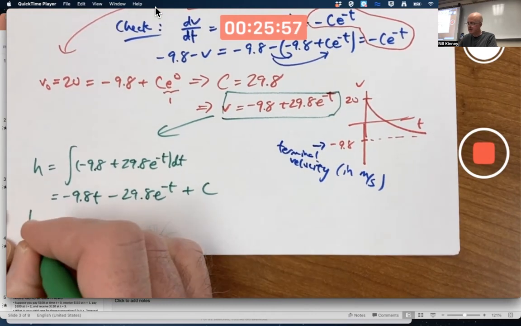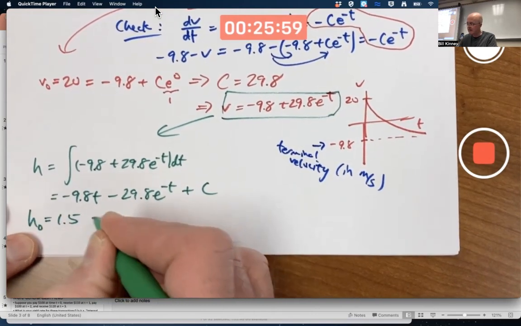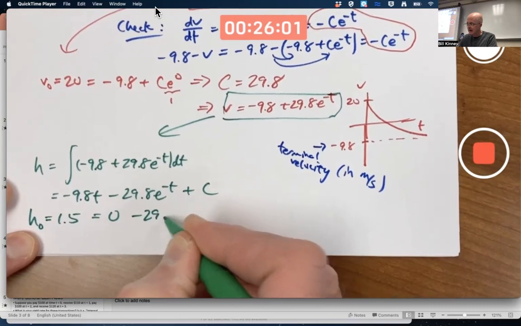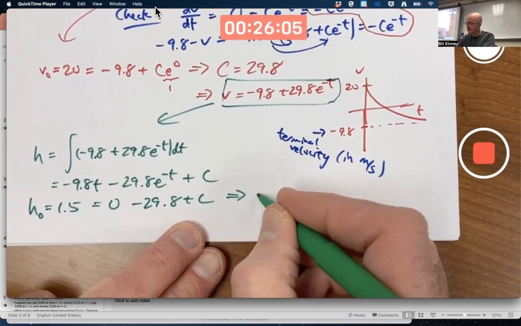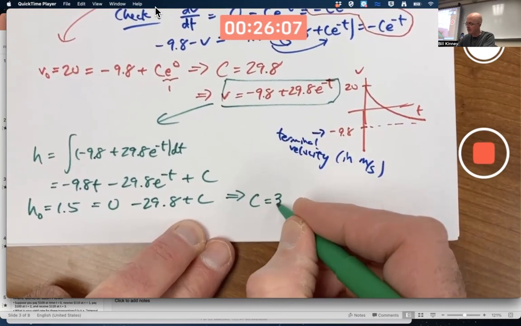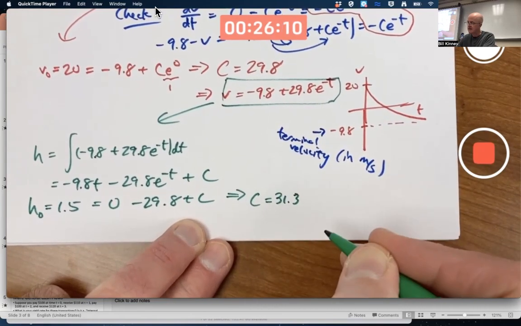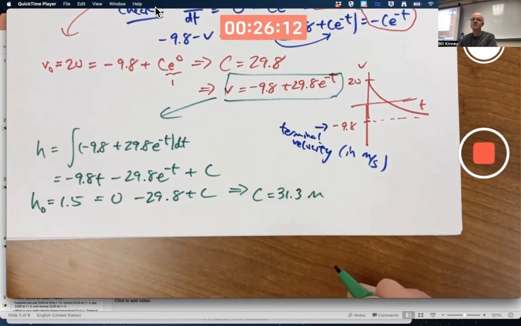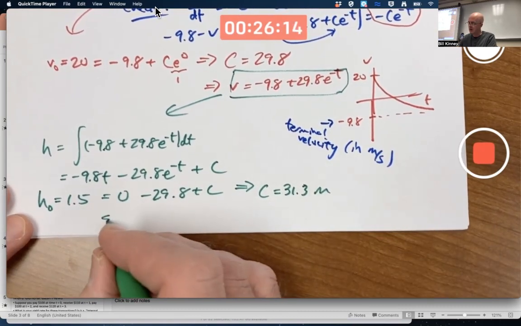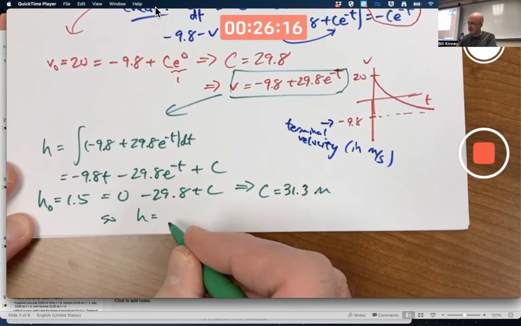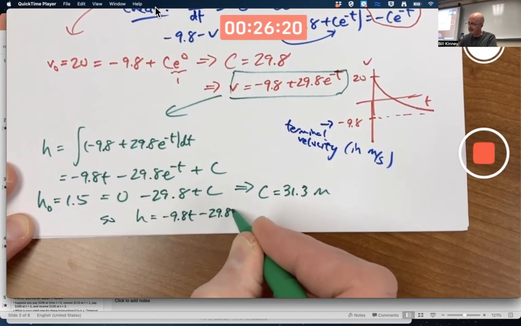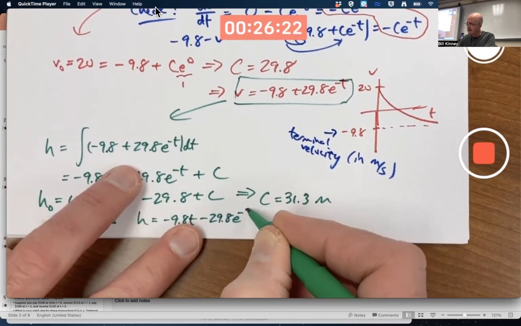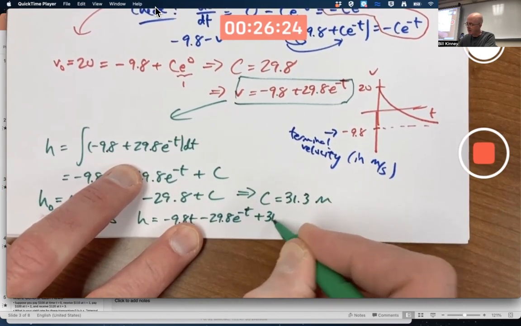If I use the same initial height of 1.5, I can solve for c, add 29.8 to both sides. C will be 31.3 meters. So h itself will be negative 9.8 t minus 29.8 e to the negative t plus 31.3.